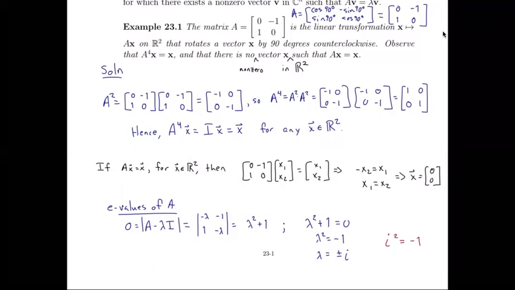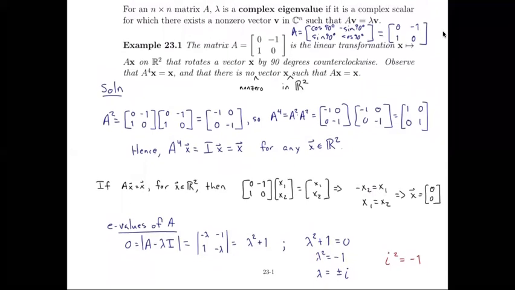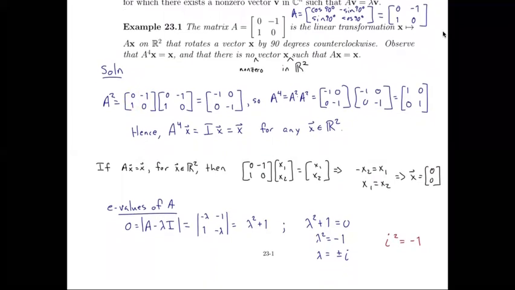So this matrix actually has imaginary eigenvalues. Now go back and look at A. The matrix A on its own is a real valued matrix. There's no imaginary or complex numbers in there yet. When we go to solve for its eigenvalues, we find that its eigenvalues are plus or minus i.